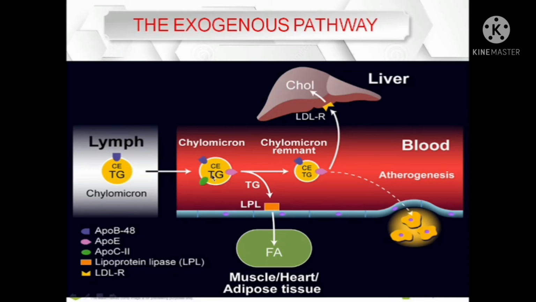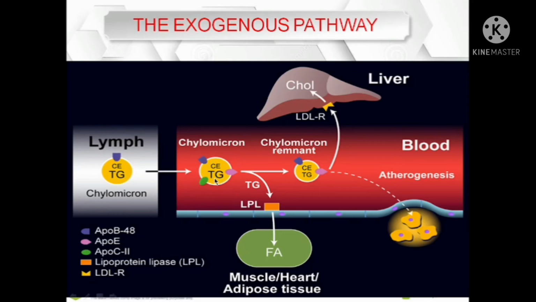Very, very important. Once metabolism of triglyceride continues, remember that the inner core of a chylomicron is where the triglyceride is located. So once the breakdown, the hydrolysis of this triglyceride continues, the inner core of the chylomicron particle is depleted.